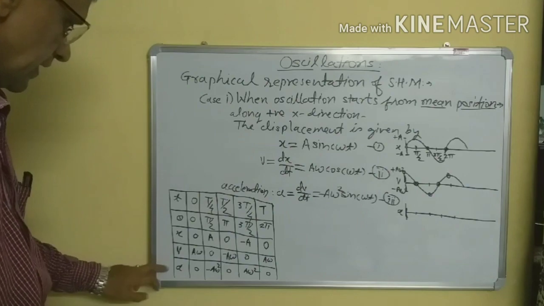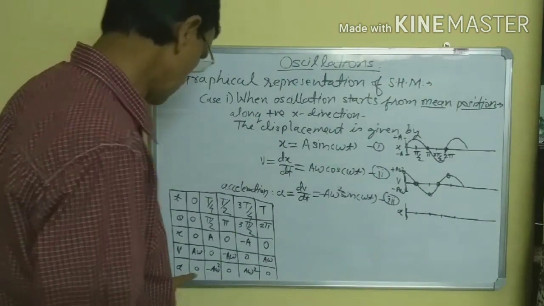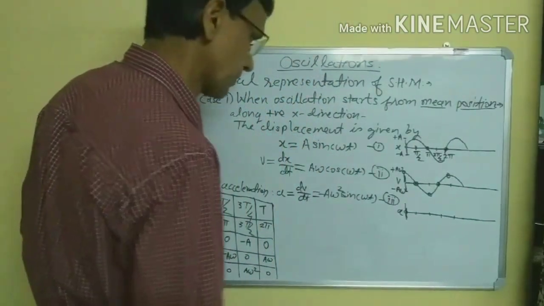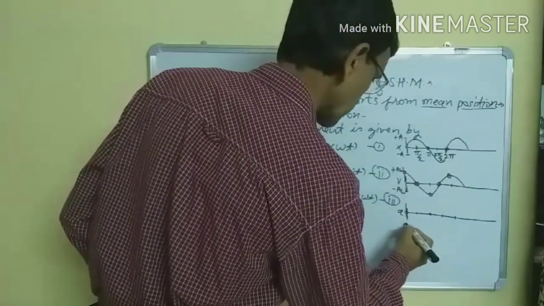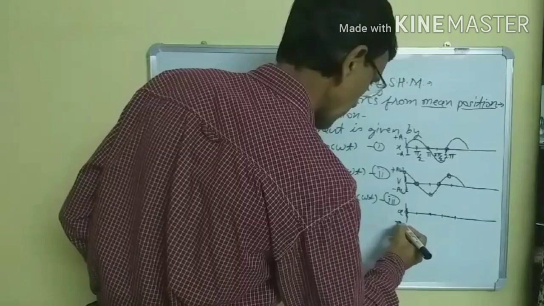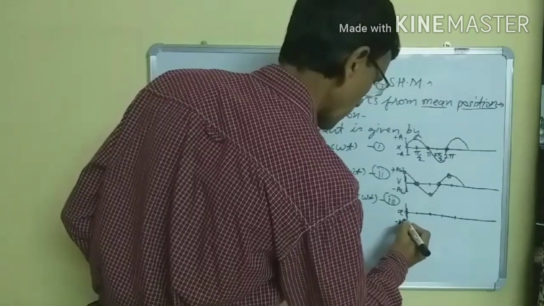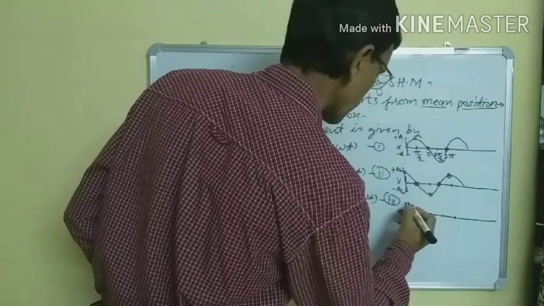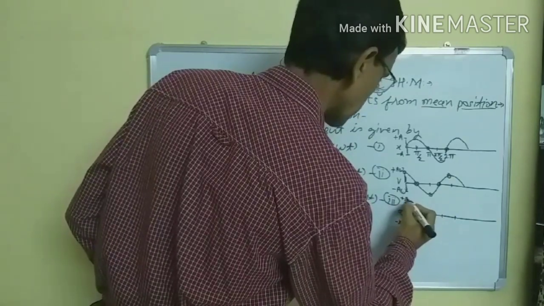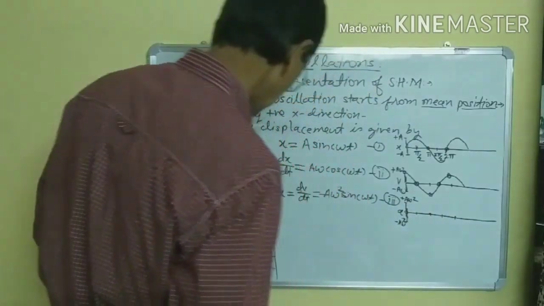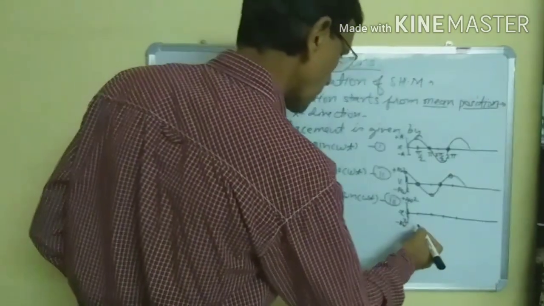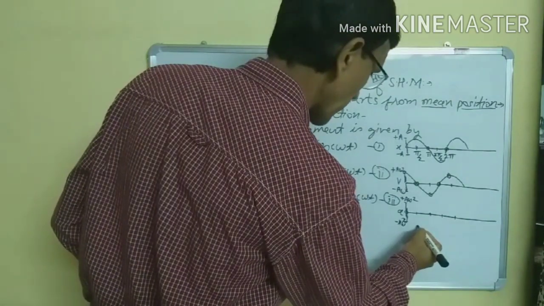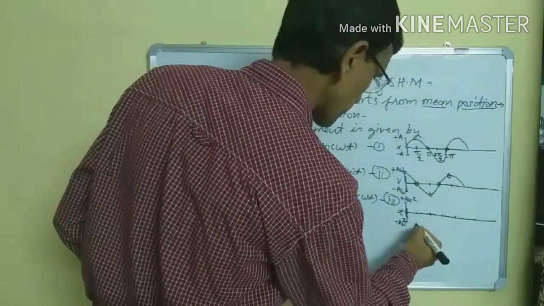And for the third case, acceleration, we have 0 for theta equal to 0, so it starts from 0. Minus A omega square is the negative value we put here, and plus A omega square we write here. So starting from 0, for pi by 2 it is negative, therefore the point comes out to be here.